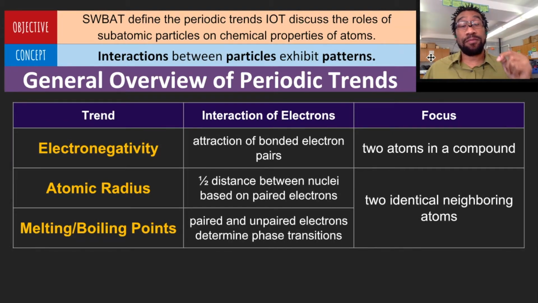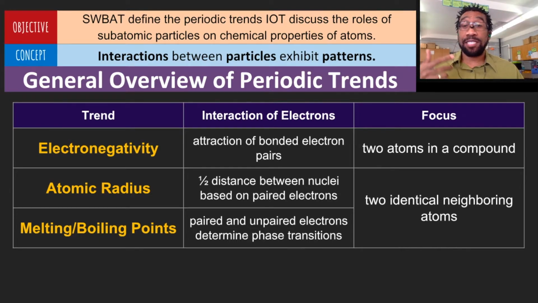Same thing with melting and boiling points. You must be talking about one atom and one boiling point, because when you begin to talk about those with respect to mixing different atoms together, you actually have to change the vocabulary. So atomic radius, two identical neighboring atoms, and melting and boiling points, the same thing.